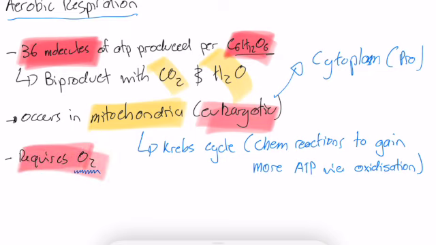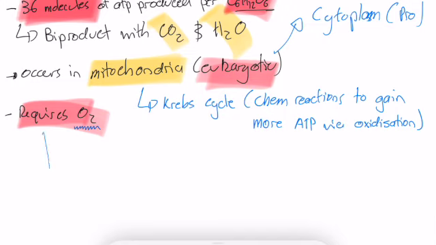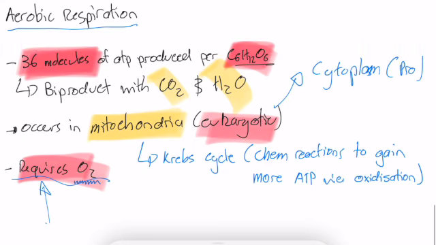So you can imagine that for the most part in humans, we use aerobic respiration, except for that time when our body requires more than what can be met for this aerobic respiration. So briefly speaking, we know aerobic respiration occurs in the mitochondria, as I said, and in the mitochondria, the Krebs cycle occurs, which is effectively, as a simplification, a series of chemical reactions to gain more ATP via that oxidization.